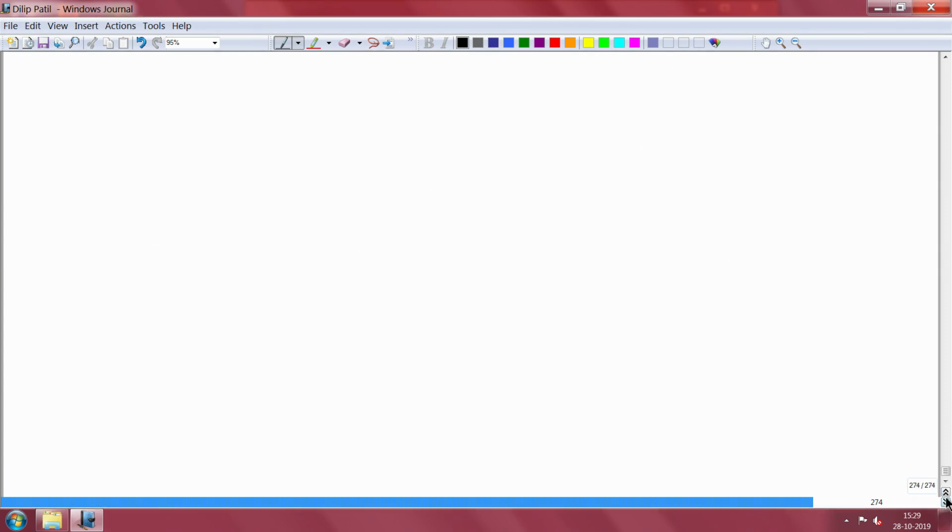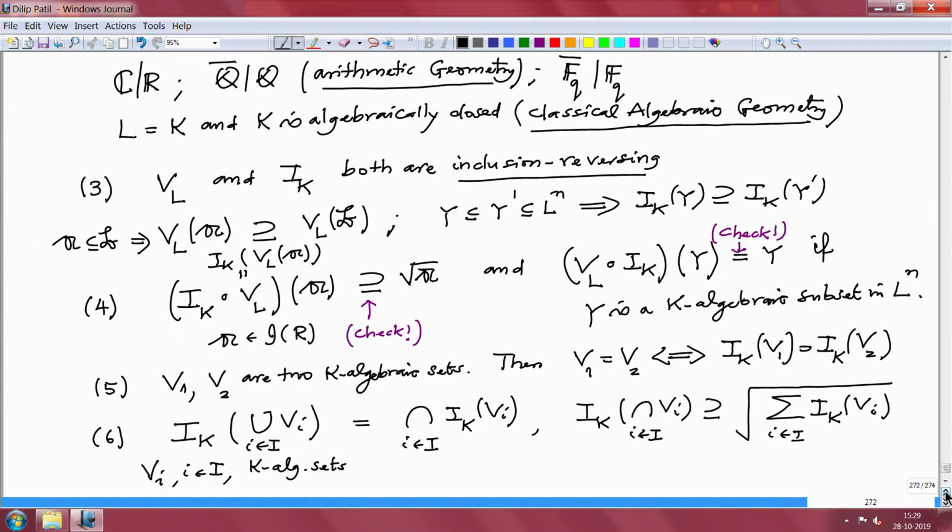We have checked this property, 5, which says that if I have two algebraic sets, then V1 equals V2 if and only if this. This precisely means that the map I_K is injective, because if I_K of V1 equals I_K of V2, then V1 equals V2.